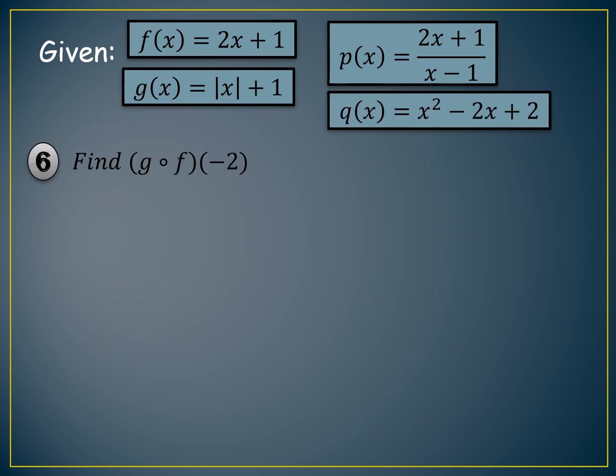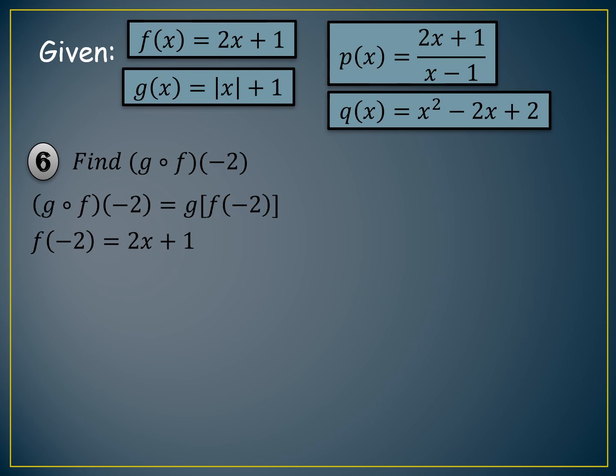Okay, next, find the composition of g of f of negative 2. So, what you substitute for x is negative 2. So, the equation you will use is g. Then, the value or domain here is f of negative 2.